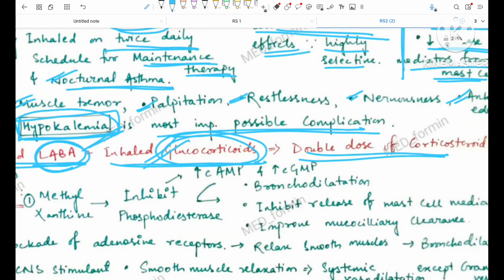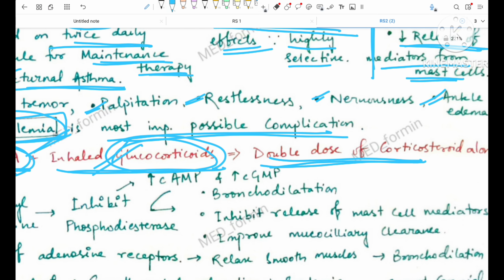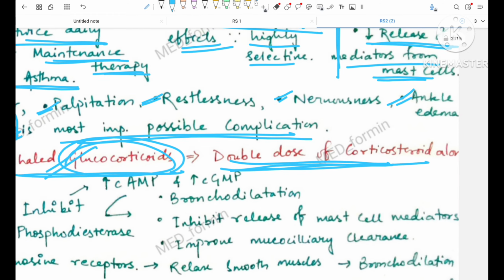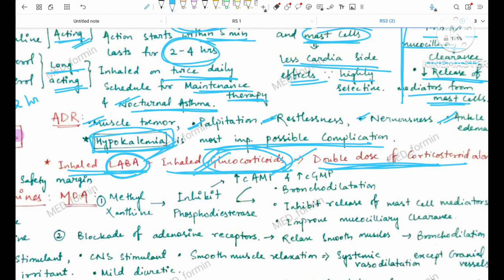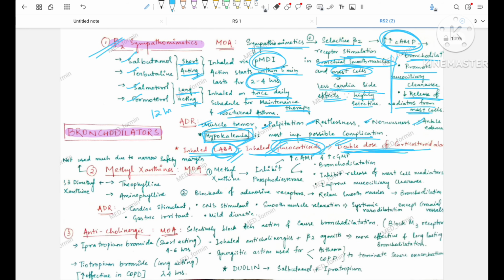Combining LABA with glucocorticoids doubles the corticosteroid action. We do not like using a lot of corticosteroids because they have a lot of side effects. That's why using them along with this drug reduces the dose and increases the action. So we combine them for a synergistic effect.